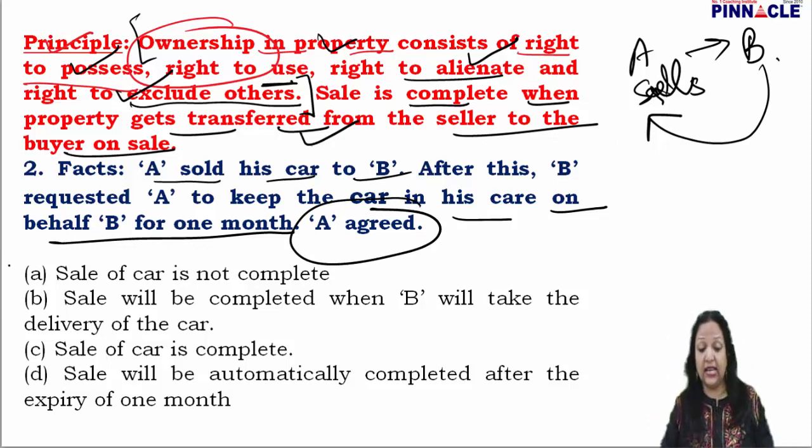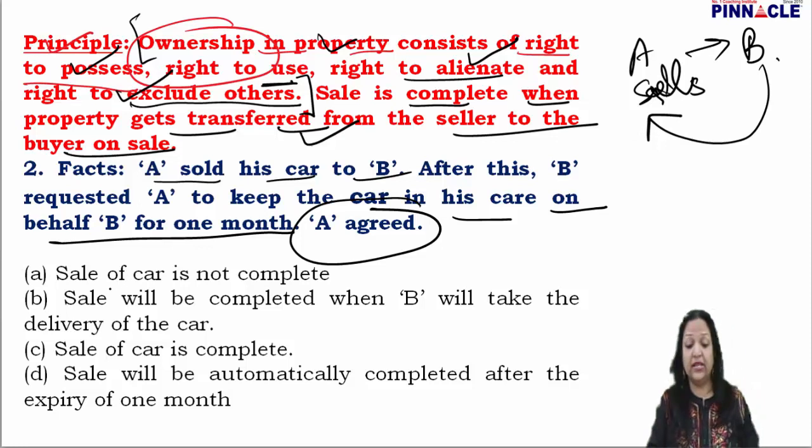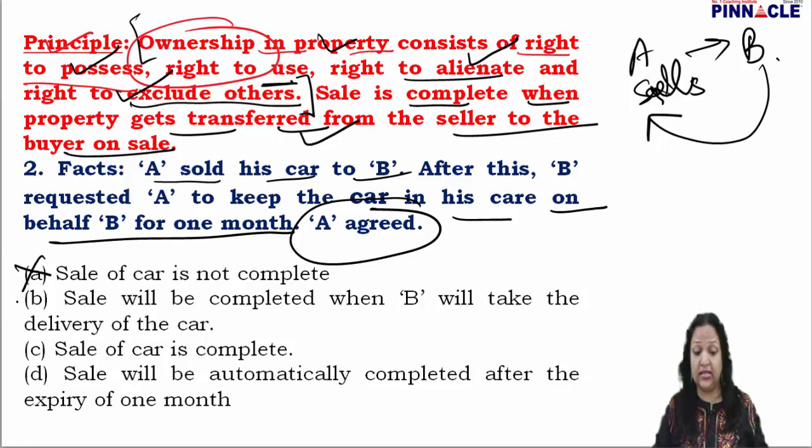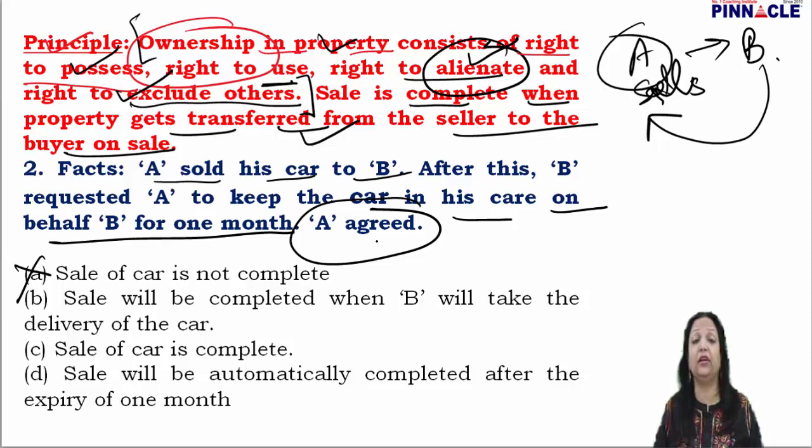Now here, sale of car is not complete. Sale of car is not complete. This is incorrect, because see, ownership means what? Ownership also means the right to alienate. That means you can give it to somebody, you can transfer the ownership to another person or group. That is given here very clearly. Okay. Now when B becomes the owner, he is requesting A to keep it with him.